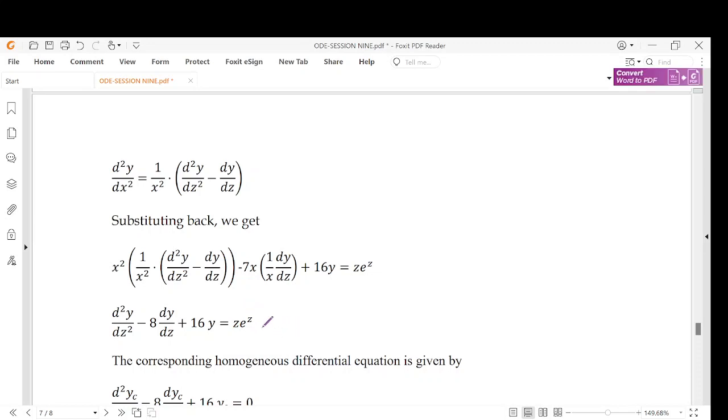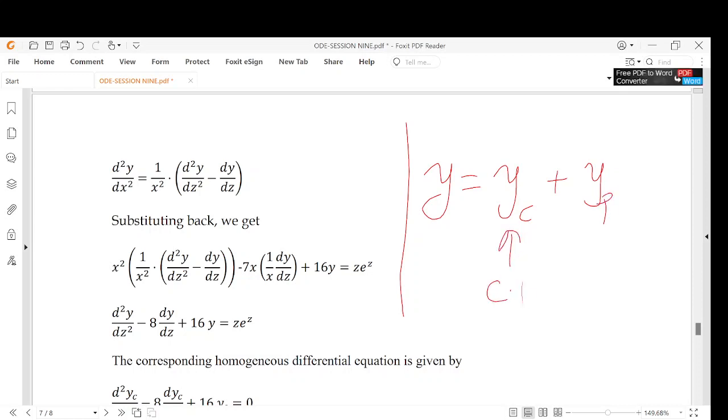differential equation. So when we have a non-homogeneous differential equation, we normally separate the solution y into two parts, yc and yp. Now yc is known as the complementary function, and yp is known as the particular integral.